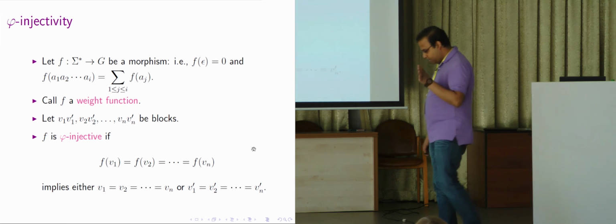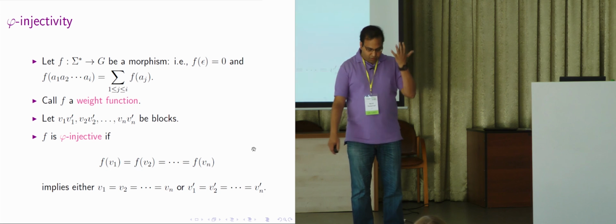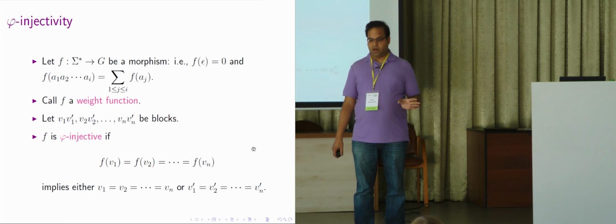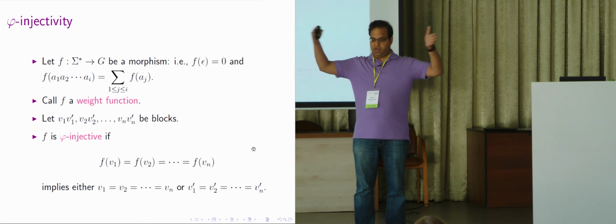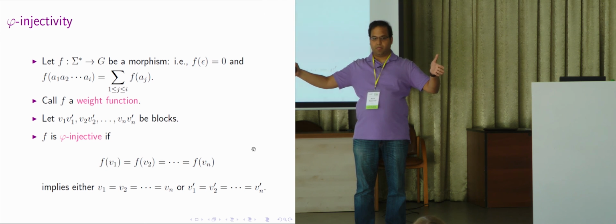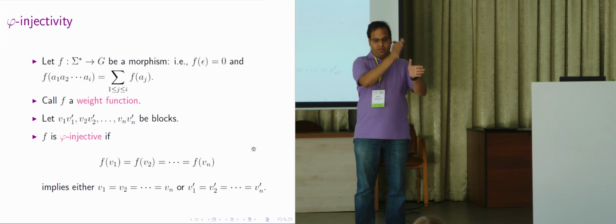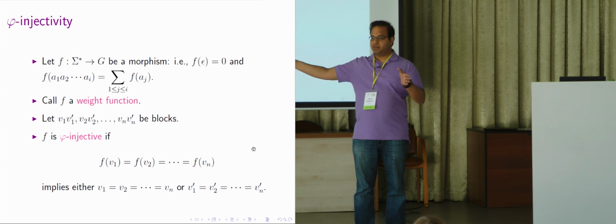Now, what's the point of that? If you remember the proof from yesterday about square-free morphisms, do you remember the basic idea? It was a proof by contradiction. I supposed I had a square, and then I looked at how this square could be parsed into blocks.